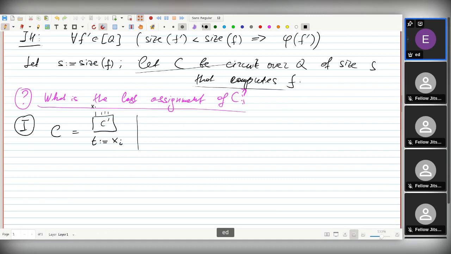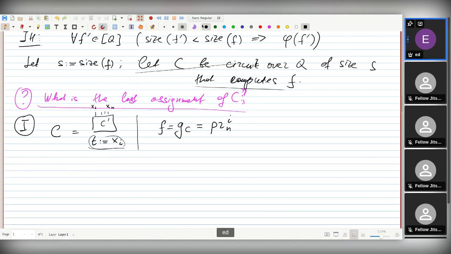So we have some inputs x1, ..., xn, and the last assignment was t is xi. Okay. Our f is just the function that this circuit computes. But what is that? This function is just the projector. Is it clear? Yes.